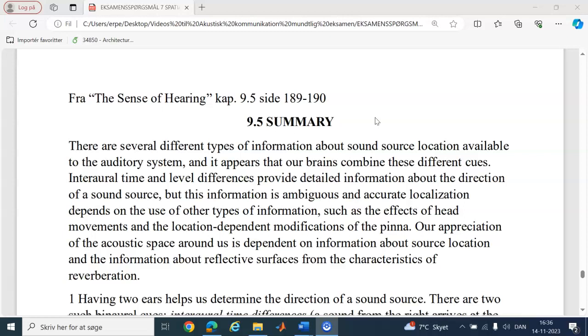Interaural time and level differences provide detailed information about the direction of a sound source, but this information is ambiguous, and accurate localization depends on the use of other types of information, such as the effect of head movements and the location-dependent modifications of the pinna.